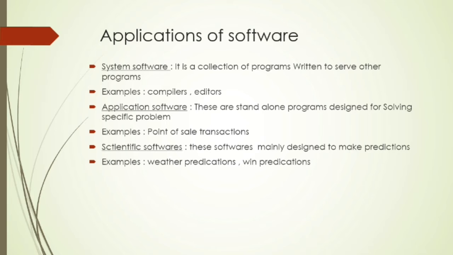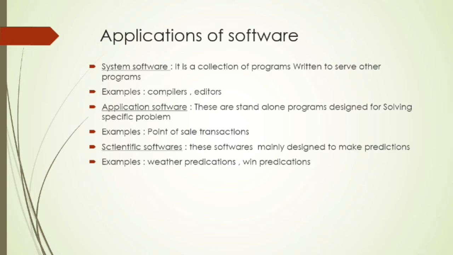Take a compiler. We all know compilers are used to run a program and to debug a program. Even a compiler is a set of programs. For debugging, you will have some set of programs in the compiler. For running a program, there will be some set of programs in the compiler.